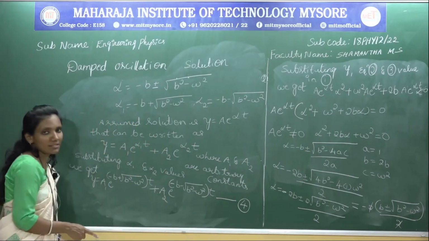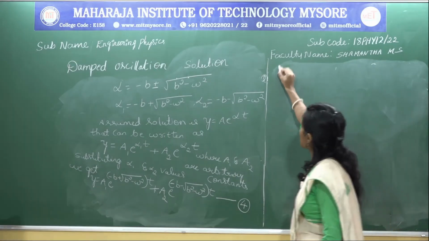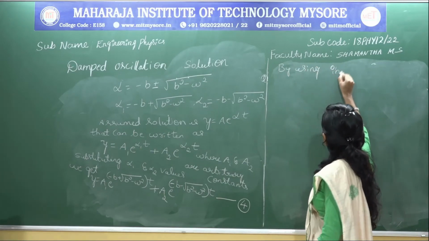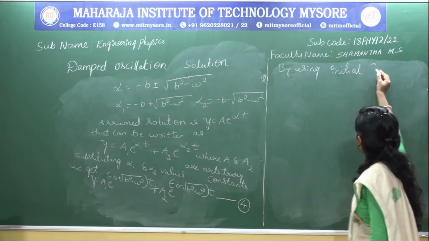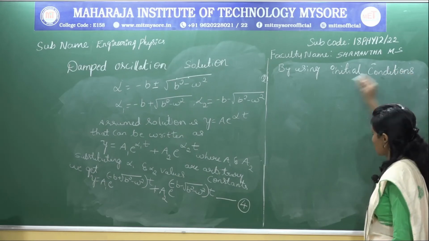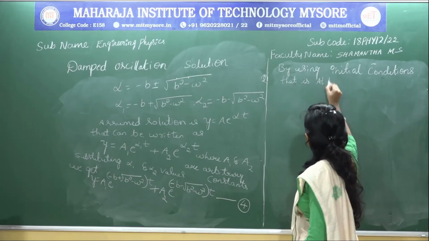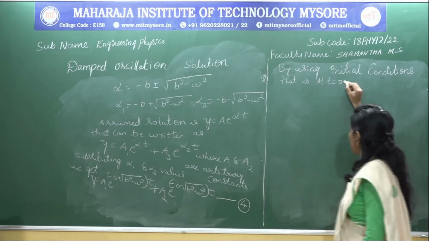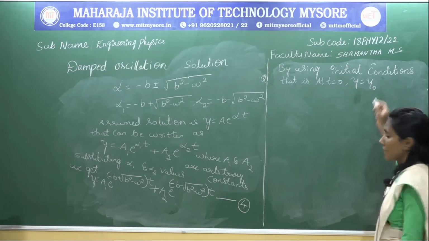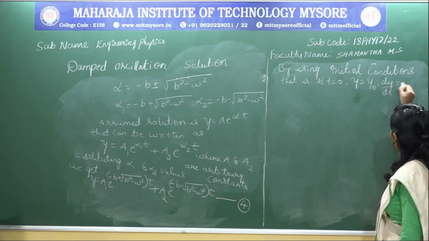Now, to find these arbitrary constants we use the initial conditions: at time t is equal to 0, the displacement y is equal to y naught, and the velocity dy by dt is equal to 0.